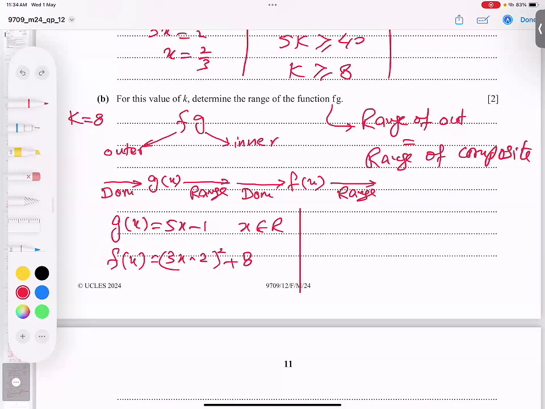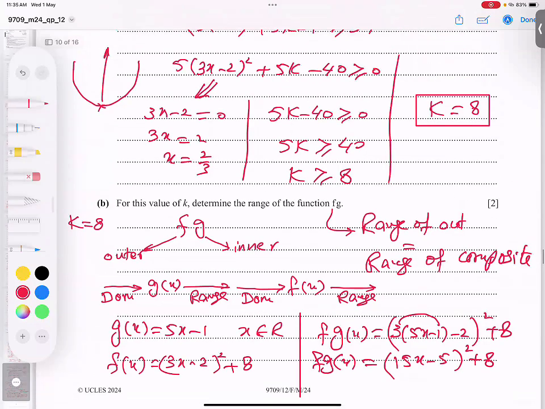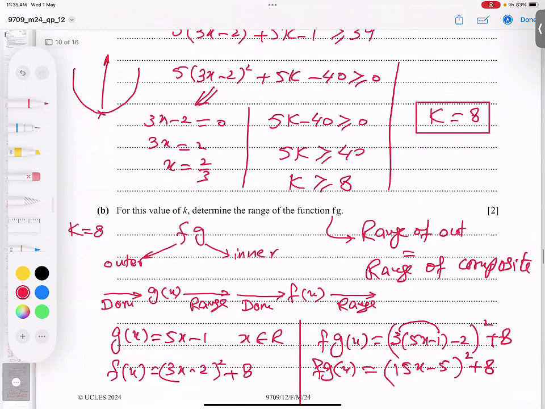So what is composite function f g of x, in the power 2 on the top, and I'm putting this 5x minus 1 in the place of this x. So students, 3 5s are 15x, 3 1s are 3, and -5, I get it here. So this is the composite function. I got it. Even I can replace this 8 directly here.